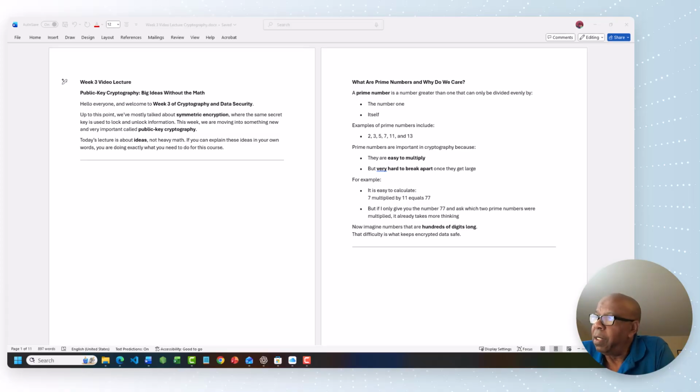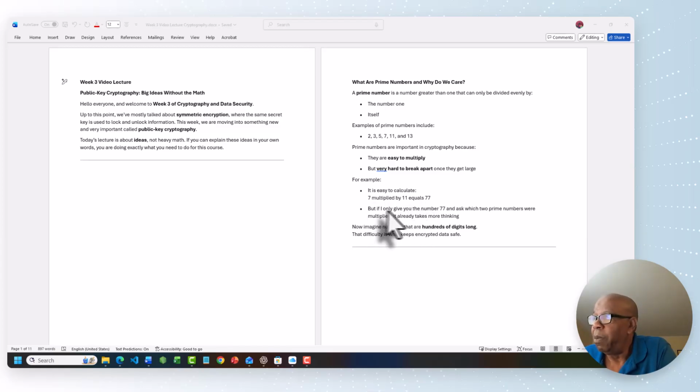We're going to be using some very big numbers. The key thing I'm going to highlight for everybody is that prime numbers are easy to multiply, but hard to break apart once they get very large. For example, it's easy to calculate 7 times 11 is 77.